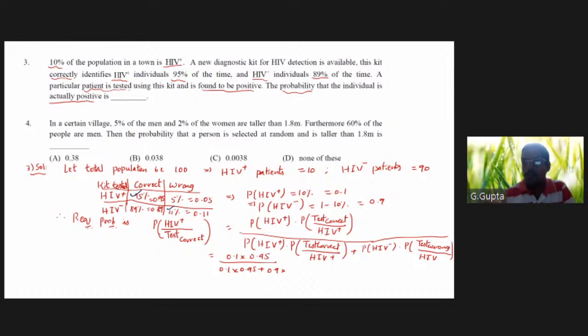Negative and wrong automatically becomes positive, so that is 0.11. This is the required value: 0.1 into 0.95, divided by 0.1 into 0.95 plus 0.9 into 0.11. This is approximately 0.489. Please check.